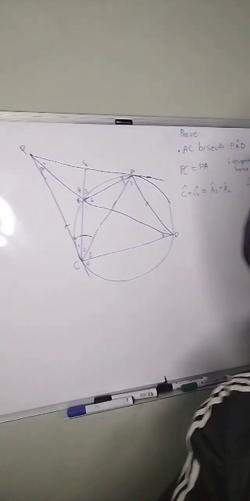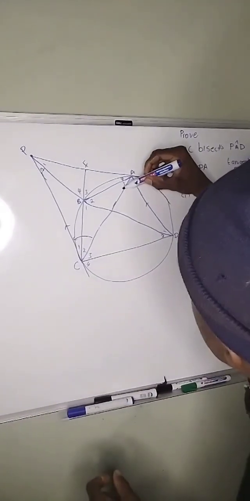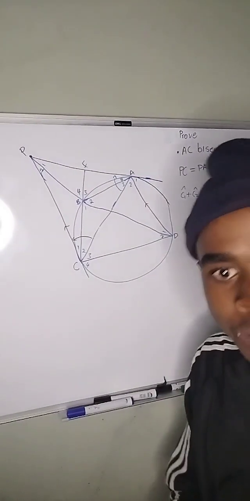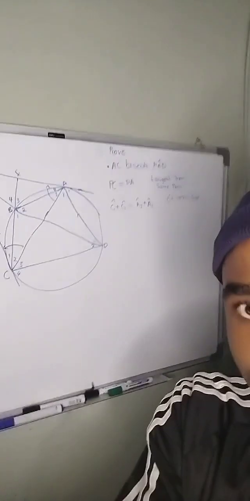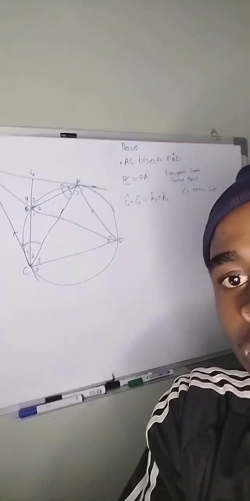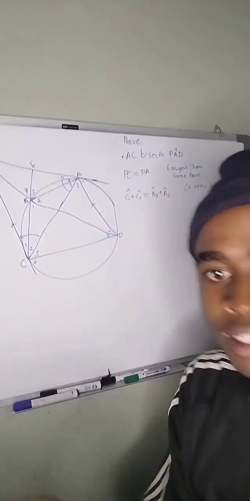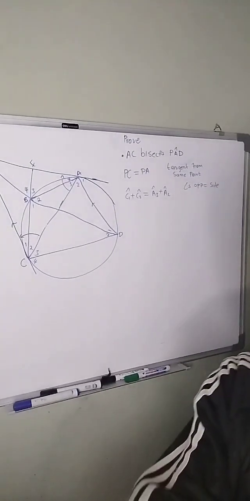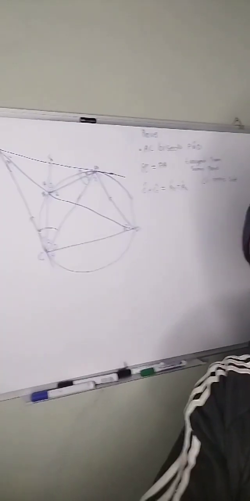Let's go back to the diagram. This angle is going to be equal to that angle, angle opposite equal side. So now we have the angle opposite equal side, and we have C1 being equal to A2.